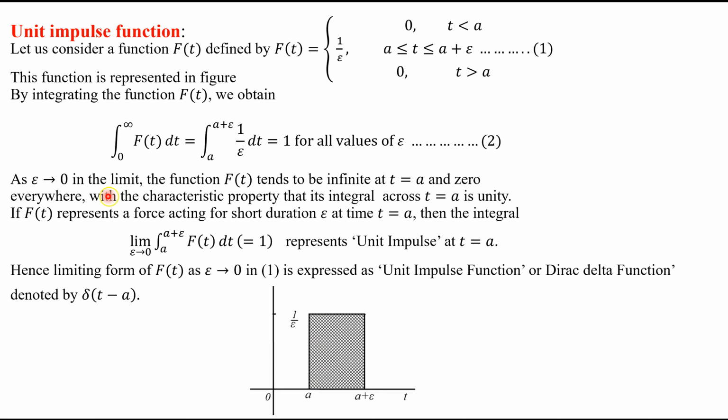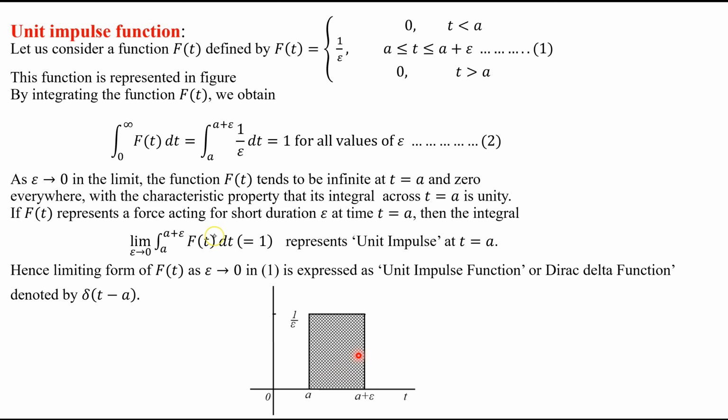Here, as epsilon tends to 0, in the limit the function f of t tends to infinity at t equal to a and is 0 everywhere else. When epsilon tends to 0, time t becomes a. At t equal to a, 1 by epsilon is very large, tending to infinity, and everywhere except a this function is 0.